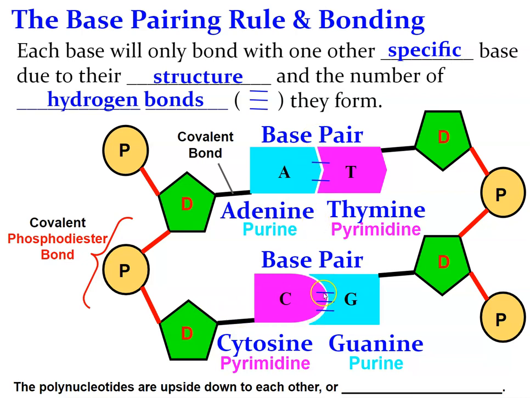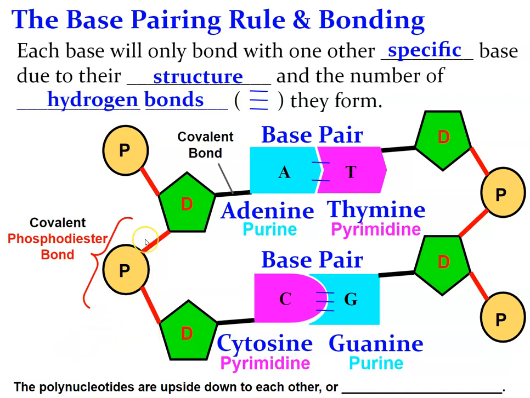And that turns out to be a crucial part of the function of DNA, because in order to replicate, it has to unzip. The two polynucleotides have to unzip. And in order for RNA to be transcribed from DNA, the two polynucleotides have to unzip. So it's a crucial part of the structure that the two polynucleotides are held together between nitrogenous bases by hydrogen bonds, because they're weak and they can come apart relatively easily.